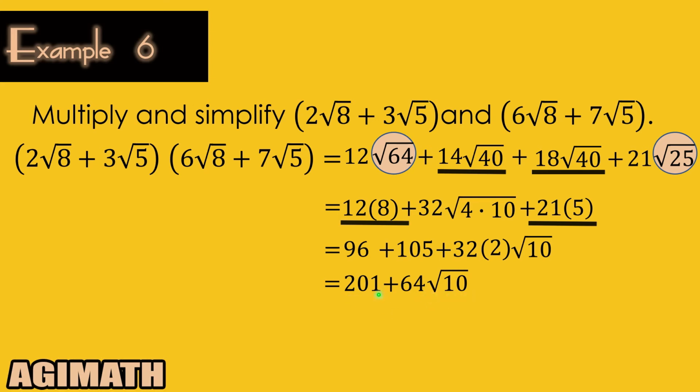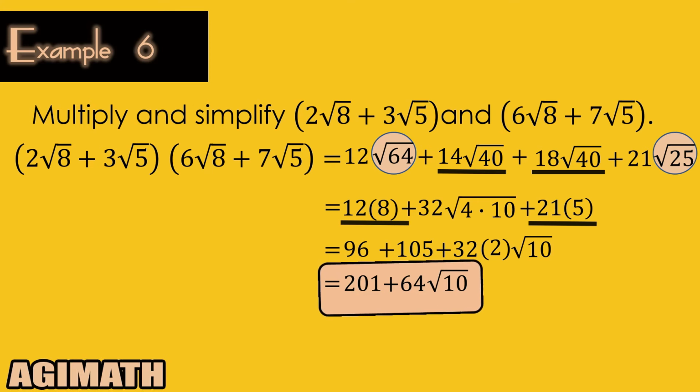This is one term. This is also another term. You put this in mind. These two terms are not similar. Why? This is just a numerical coefficient, a constant. But the other term contains a radical expression. To make it simple, we cannot combine terms like that. So that is already our final answer.